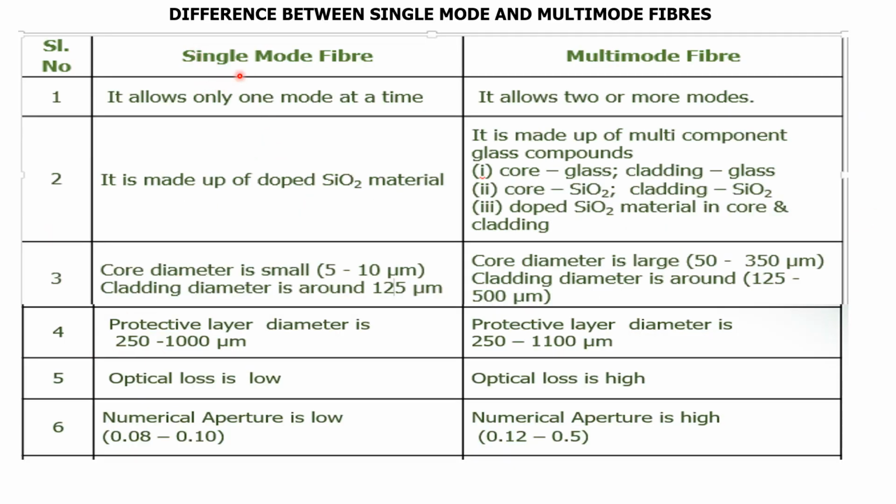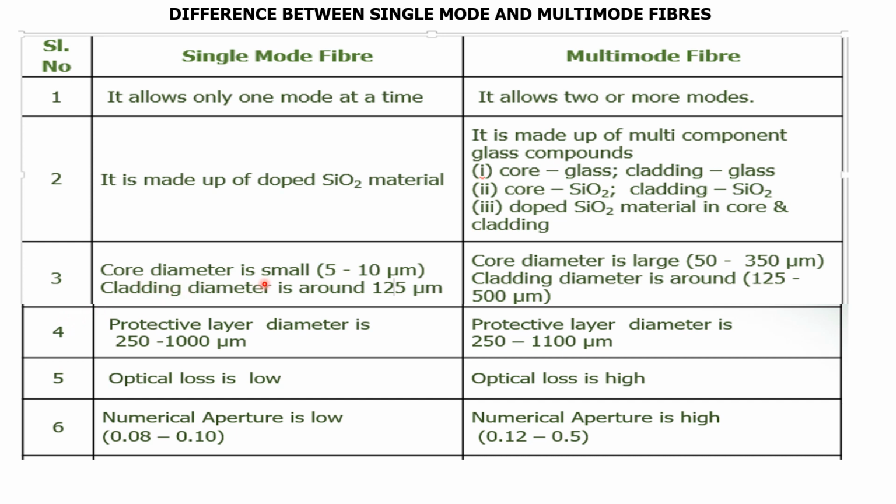Basically the differences between single mode and multi-mode are listed here. Single mode allows only one mode at a time. Multi-mode allows more than one mode. Then it is made up of doped SiO2 material, and here different examples for core and cladding compounds are given.